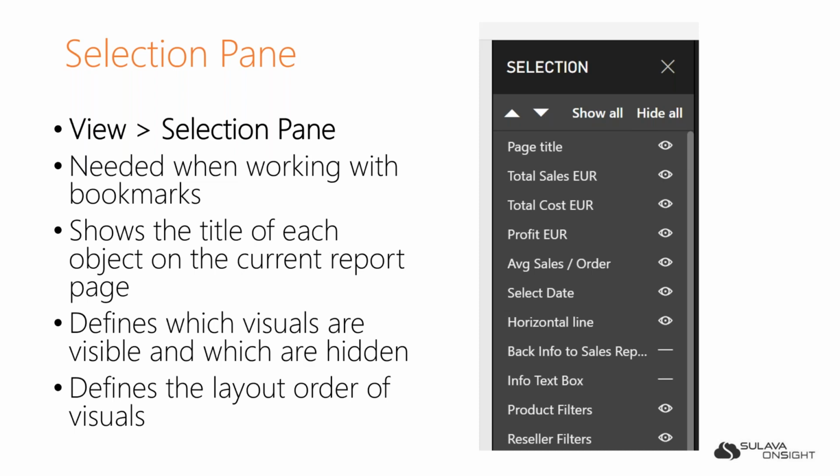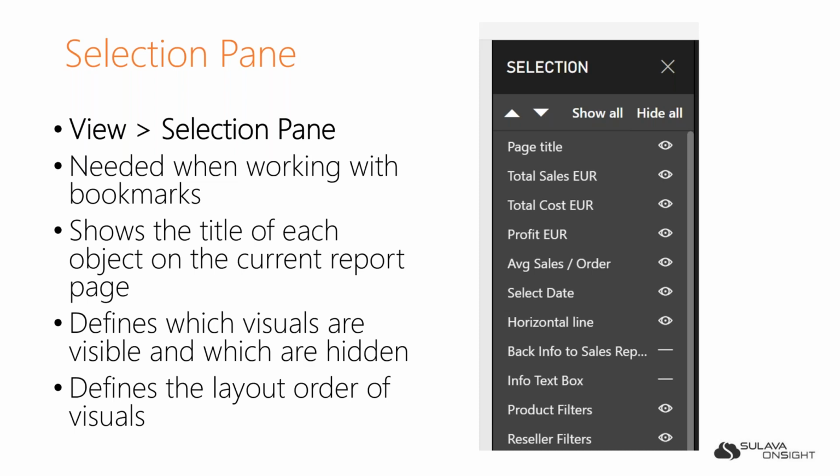While you are in one page of your report and you open the selection pane, it shows the title of each object on that report page. So for example, here in this picture, we can see that on the page where I am, there are quite a lot of different kinds of objects like page title, total sales euros.